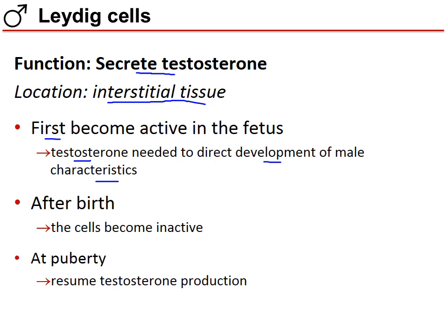Thinking back to the differentiation of the internal genitalia, testosterone is needed for the development of the Wolffian ducts into the male accessory glands and structures, and testosterone is also required for the migration of the testicles into the scrotal sac. Then after birth, these Leydig cells become quiescent, or inactive, until puberty. Only at puberty do they resume their activity to produce testosterone.